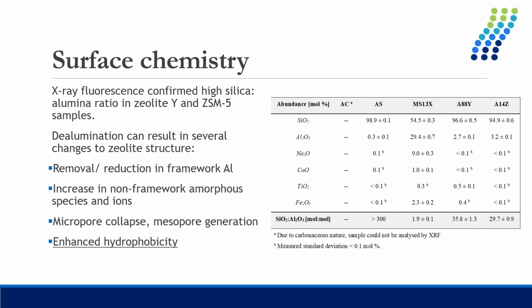But the main reason that we have dealumination is that it enhances the hydrophobicity, because metal ions such as sodium, calcium, and aluminium contribute to the overall acidity of the zeolite, which improves its interactivity with water vapor. So that's a bit of background on why dealumination is taking place.